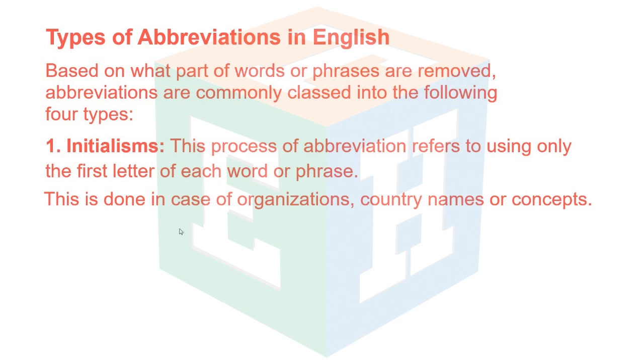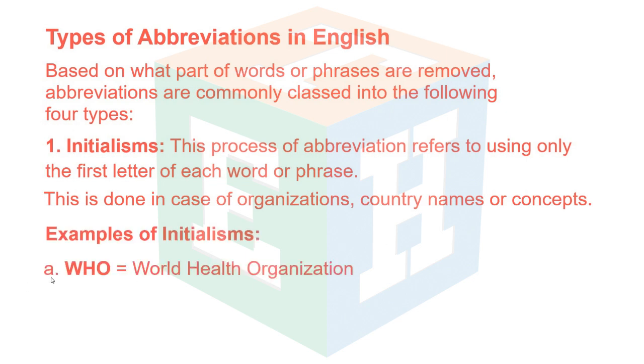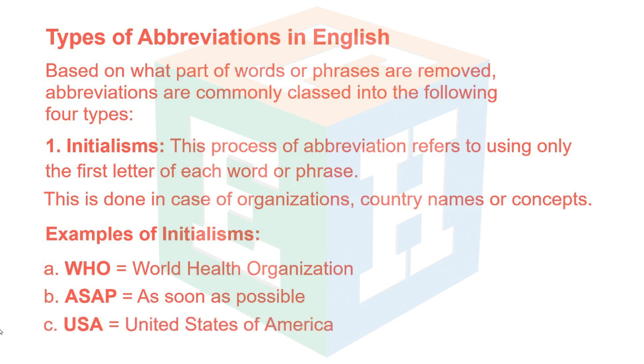This is done in case of organizations, country names, or concepts. Examples of initialisms: A, WHO, which means World Health Organization. B, ASAP, which means as soon as possible. C, USA, United States of America.